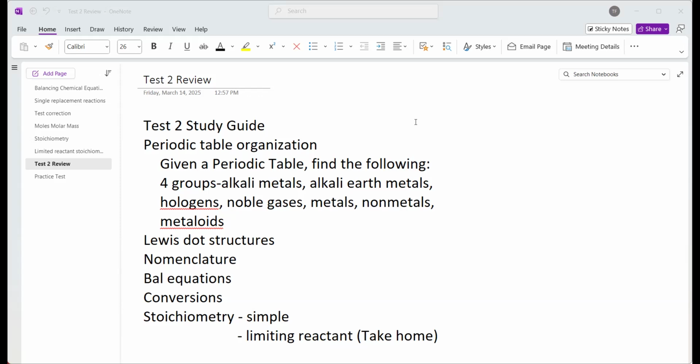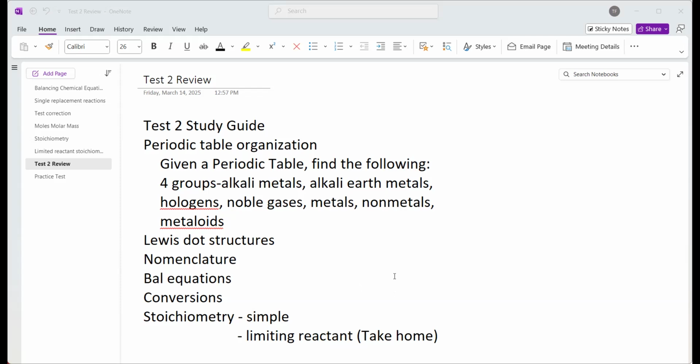There's also a worksheet that'll give you lots of practice on simple stoichiometry. And I'll show you that in a minute here. Now, the take-home test is the limiting reactant problem. They're more involved than the simple ones. It's about 4 extra steps over the simple one. Okay, so that'll be the test.